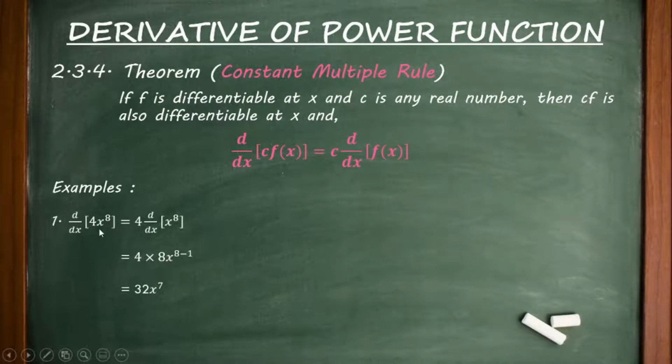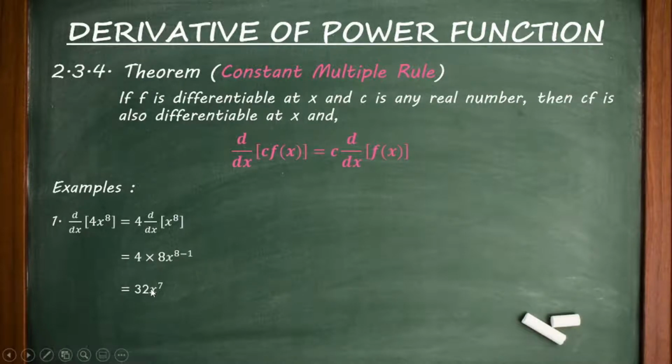Differentiate 4x to the power of 8. This 4 is a constant, we can take it to the outside and then differentiate x to the power of 8, and then we get 4 times 8 x to the power of 8 minus 1.